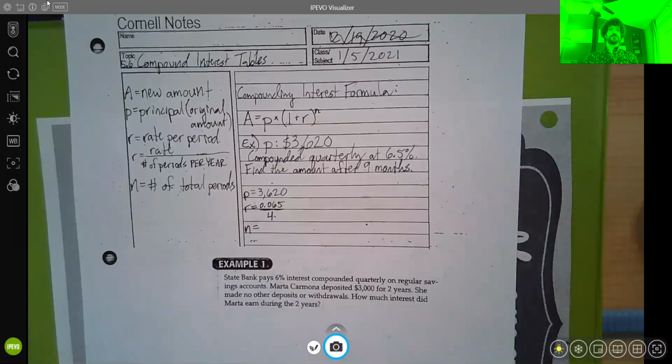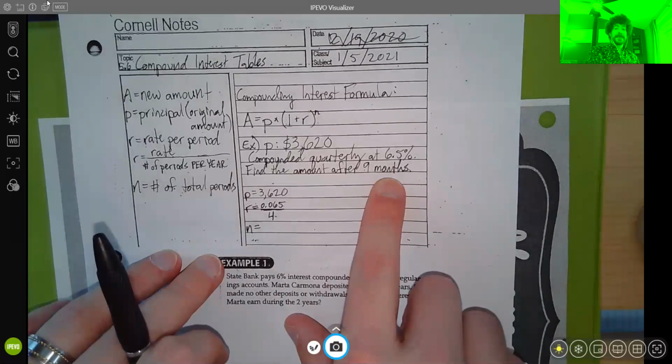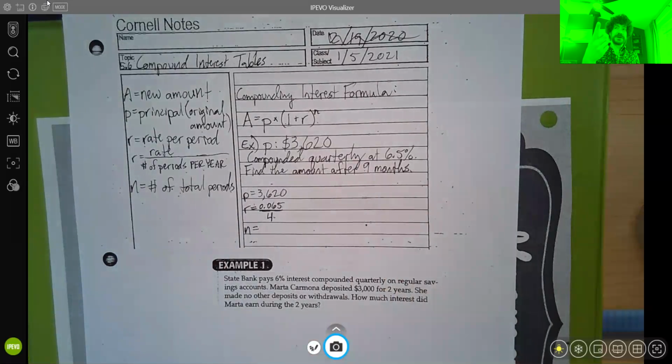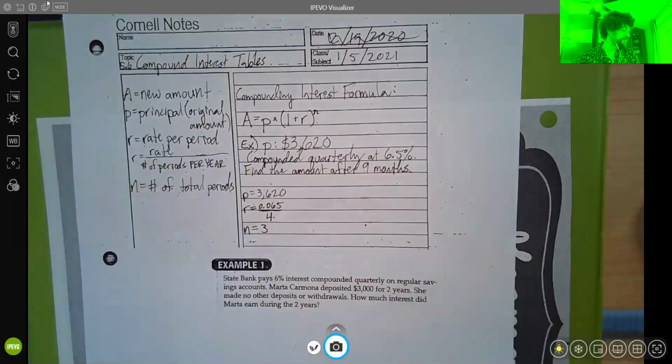Keeping in mind that quarterly is every 3 months. Yeah, 3, exactly. So n is going to be equal to 3. The total number of times that interest will compound over 9 months is 3 times. It'll compound once after 3 months, a second time after 6 months, and the third and final time after 9 months. So n equals 3.